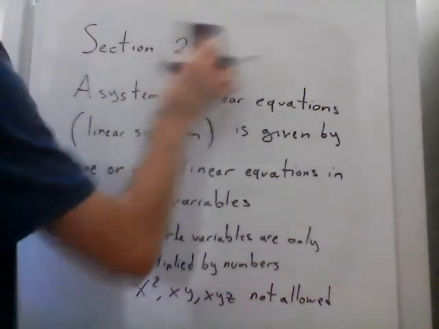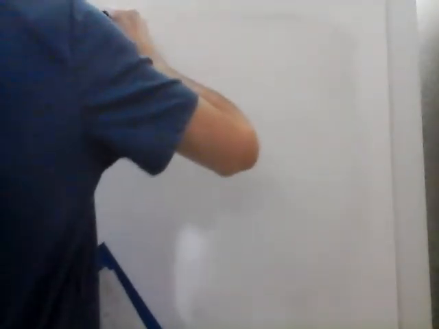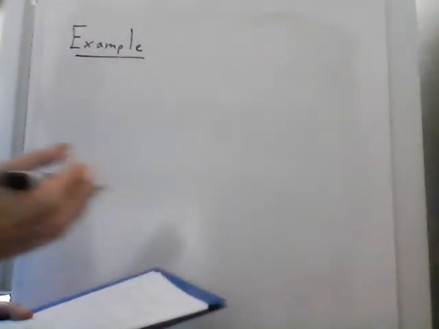So let me show you one example of a linear system. So this is a linear system given by two equations in two variables x, y. And variables are also called unknowns in the book.